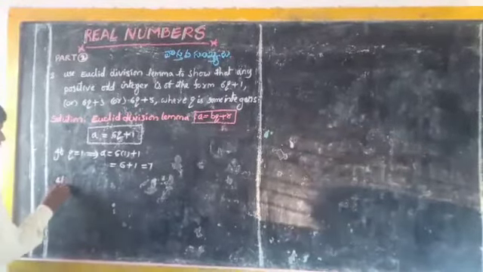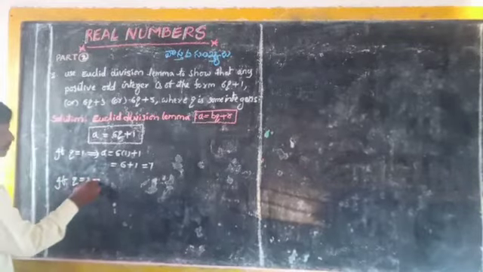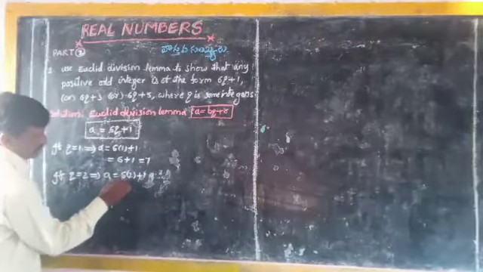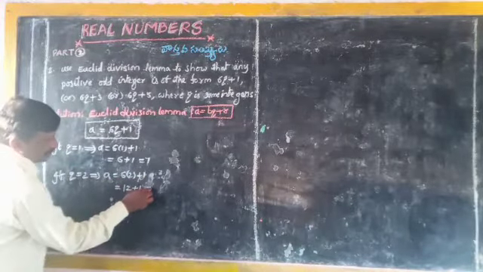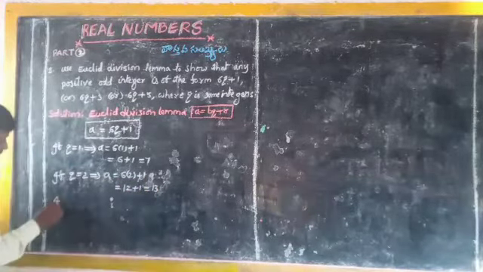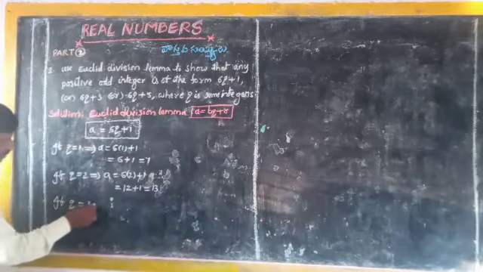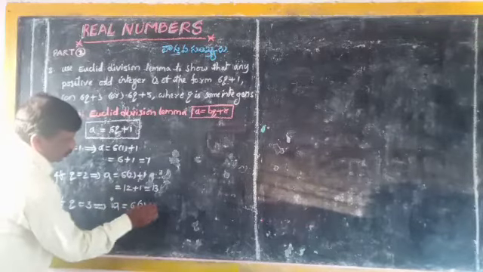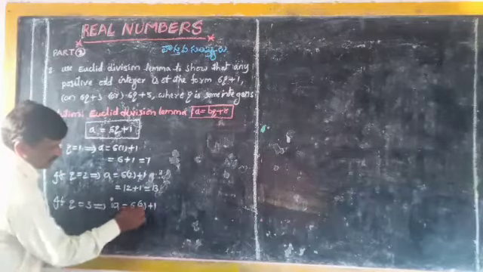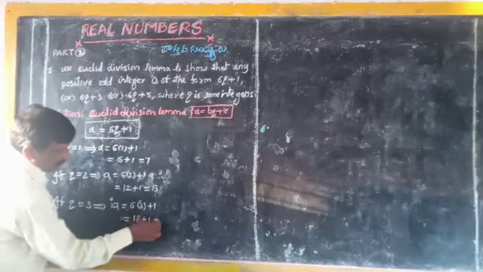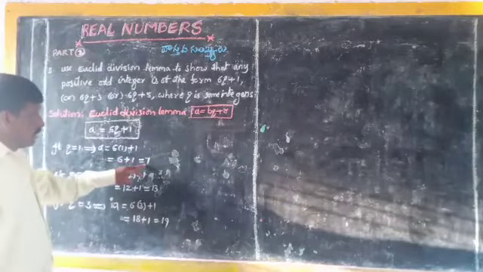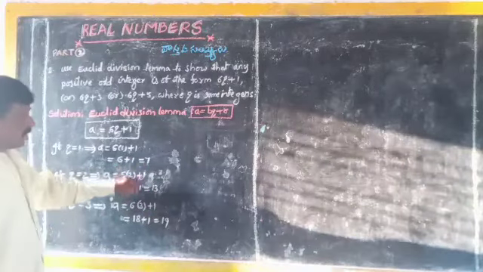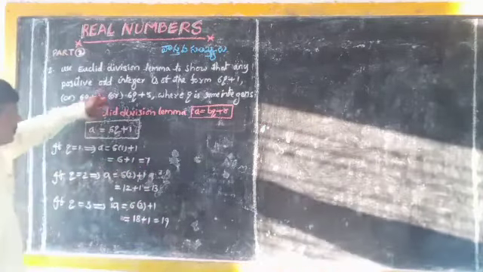If q is equal to 2, a is equal to 6 into 2 plus 1, 12 plus 1 is equal to 13. If q is equal to 3, a is equal to 6 into 3 plus 1, so 18 plus 1 is 19. These are odd integers: 7, 13, 19.